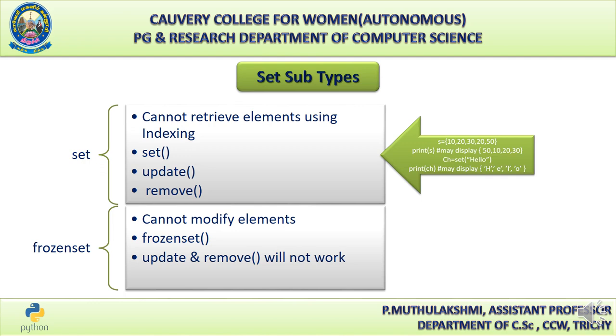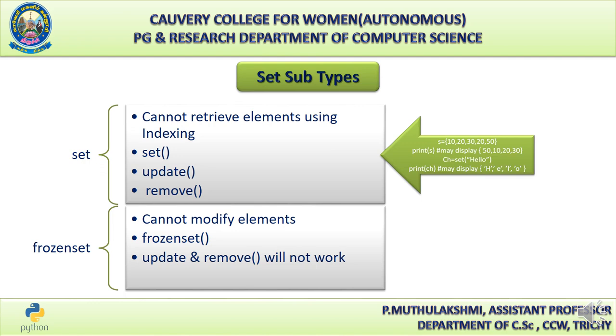We can also use the set function to create a set data type. Example, ch is equal to set of hello. Now print this set. It displays H, E, L, O. Here also the duplicate element L is printed only once.